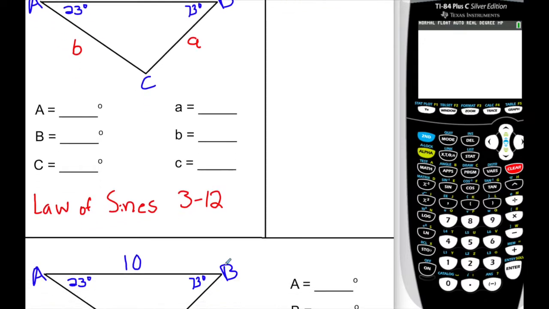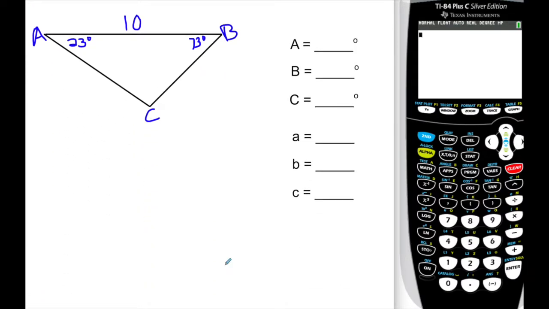All right, so for this activity, because it's the law of sines, you're going to need access to a graphing calculator. On the right here, you can see that I've got my TI-84 Plus Silver Edition simulator. If you don't have a calculator, you need to have access to an electronic one or something that can do the math.